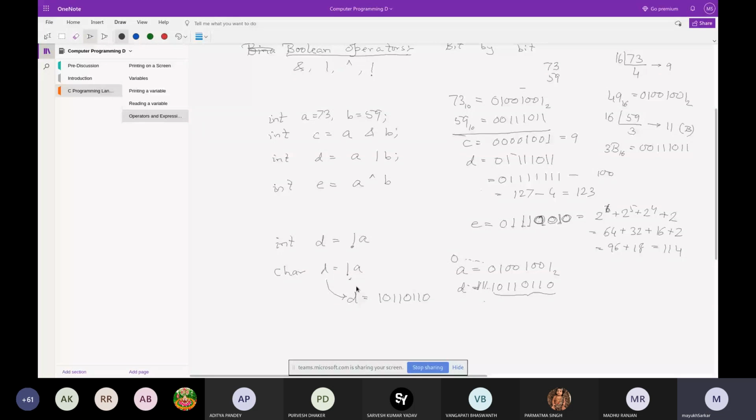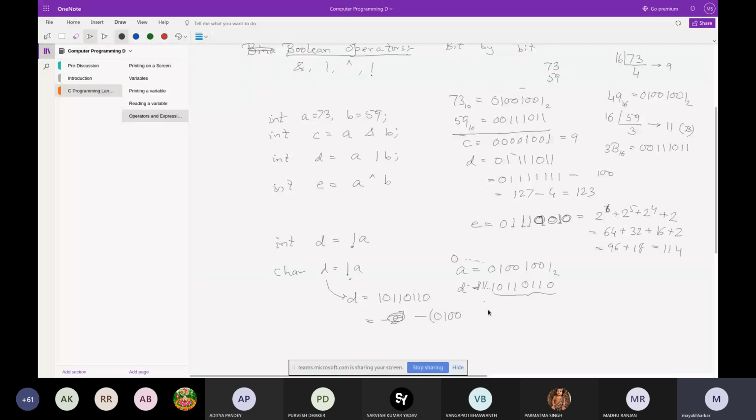And whether you keep this D as char or unsigned char, the value differs, because as I discussed previously, your operation will return just the bits. It's up to the programmer how the program is going to represent those bits, either as signed or as unsigned. So if you take this as a signed value, what you're going to get is minus 2 to the power 7, or in fact minus 0 1 0 0 1 0 0 1 plus 1.